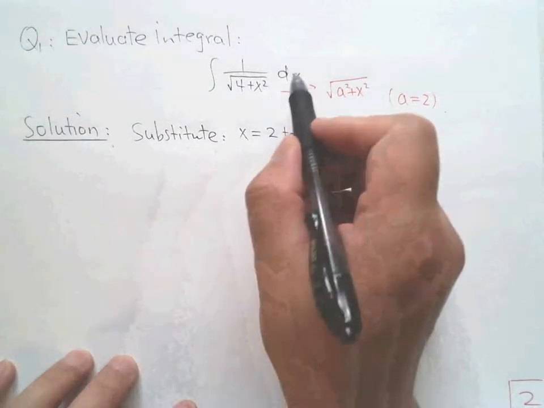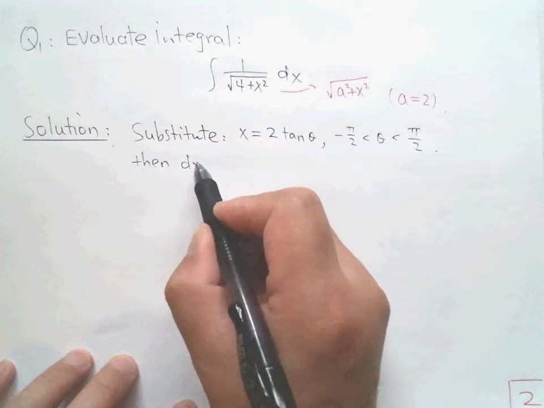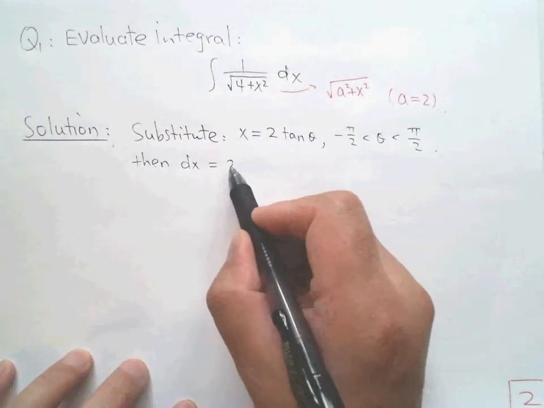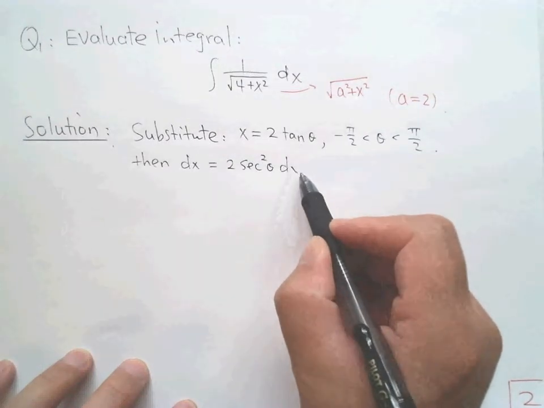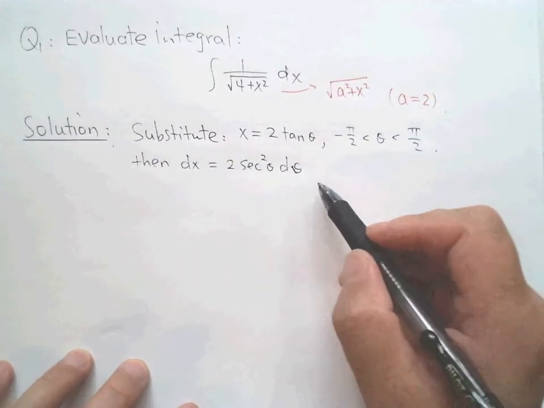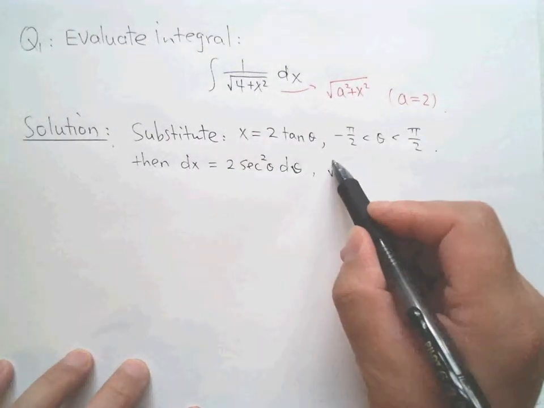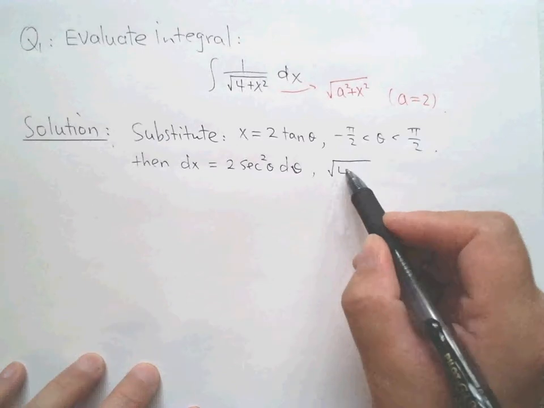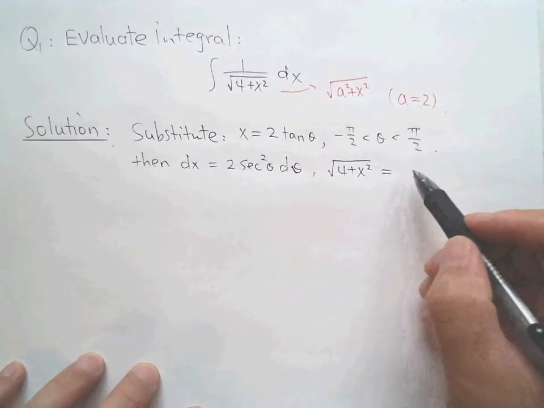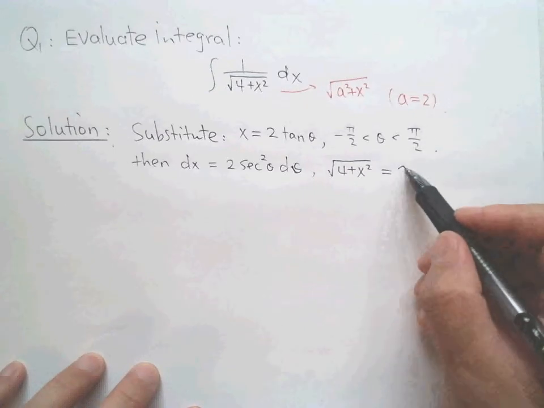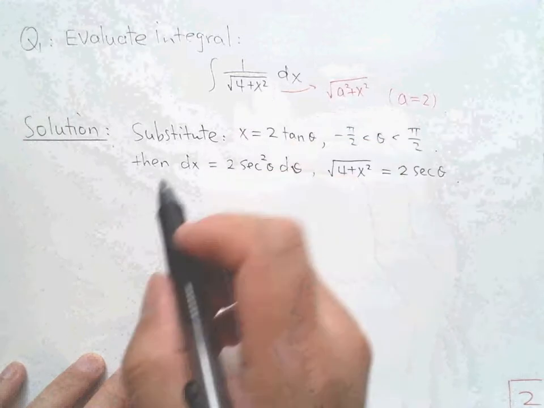Then we're going to find dx for the substitution. Taking the derivative, dx equals 2 secant squared theta, and don't miss d theta. Second, we simplify the square root of 4 plus x squared. Do you remember what we just did? It's a times secant, which is 2 times secant theta. Now everything is ready for the substitution.